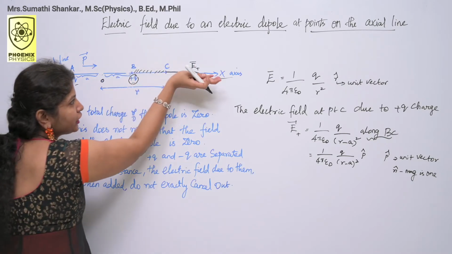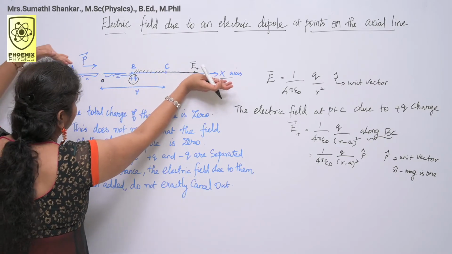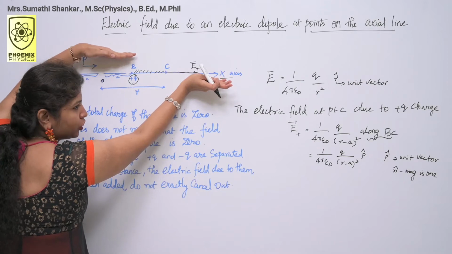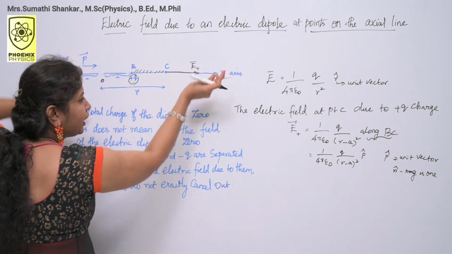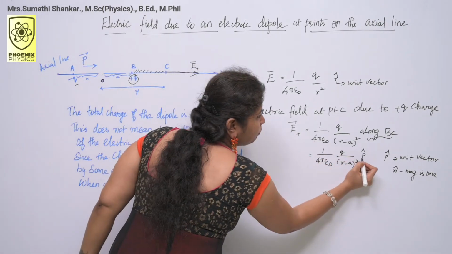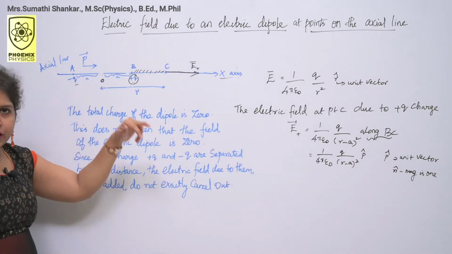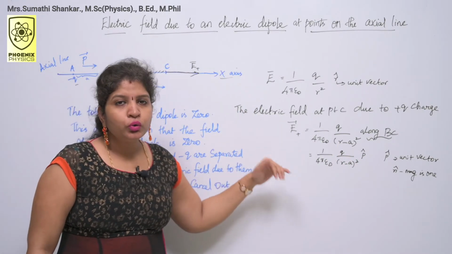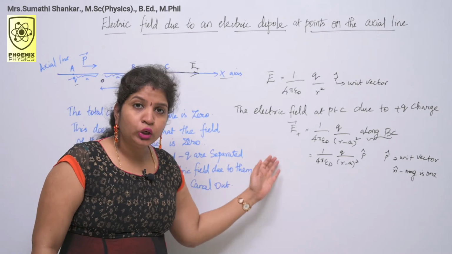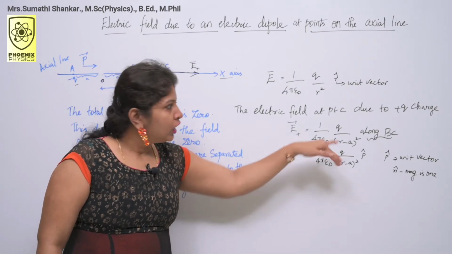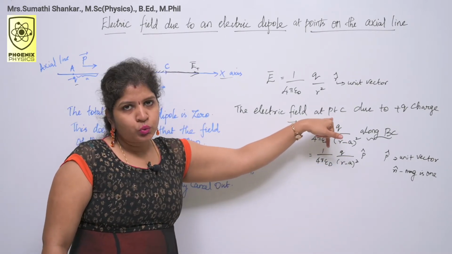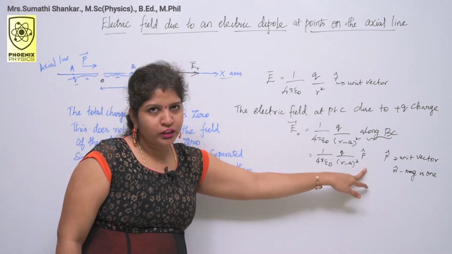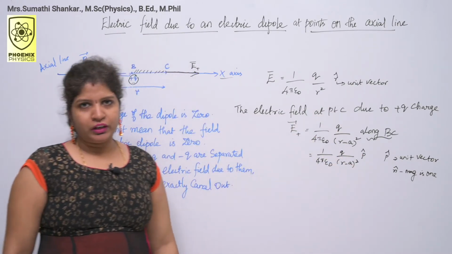Here the BC direction is like this. The dipole moment direction is also the same. That is why I have put p cap unit vector. Another point is we are going to calculate the electric field due to the dipole at point C. That is why I have denoted p cap unit vector.